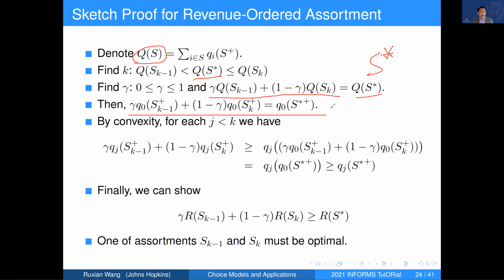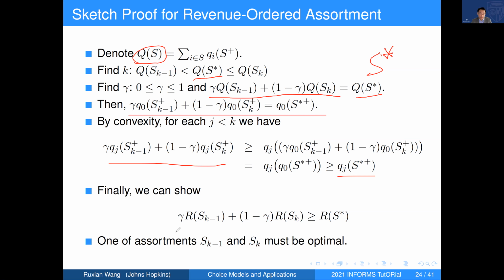All right. By convexity, we can show that the convex combination of the choice probability for any item j in the revenue-ordered assortments S_{k-1} and S_k is greater than the choice probability for product j in the optimal assortment S star.